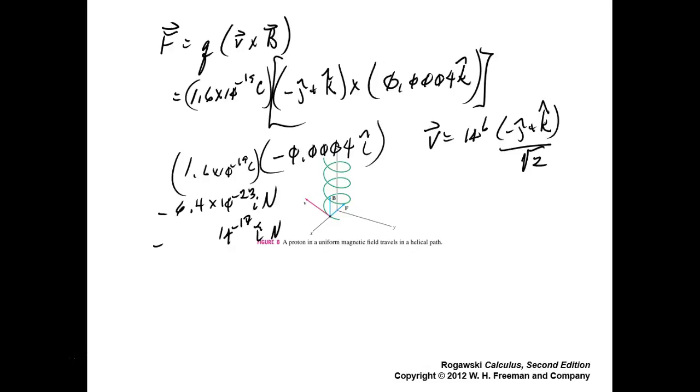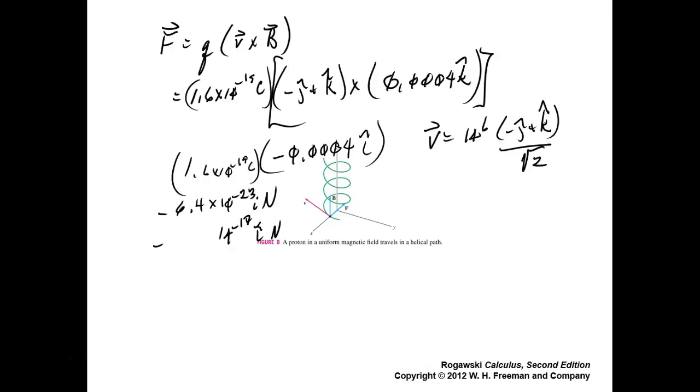So you take the answer I had, minus 6.4 times 10 to the minus 23rd, multiply it by 10 to the 6th, and then divide by square root of 2.